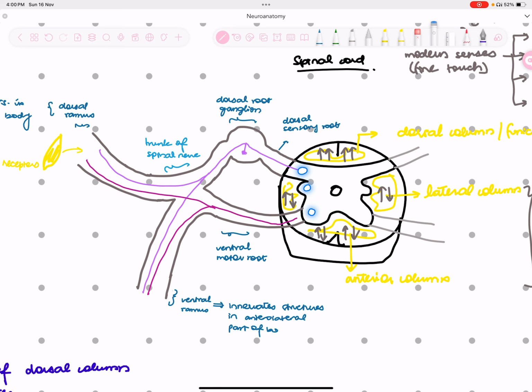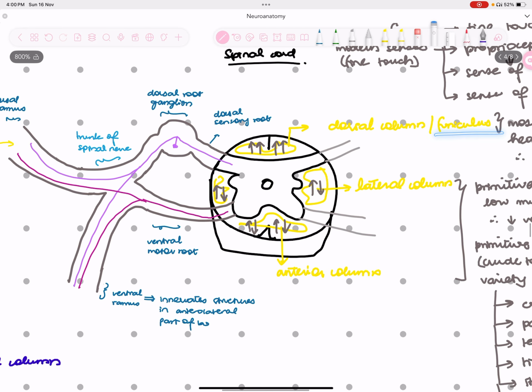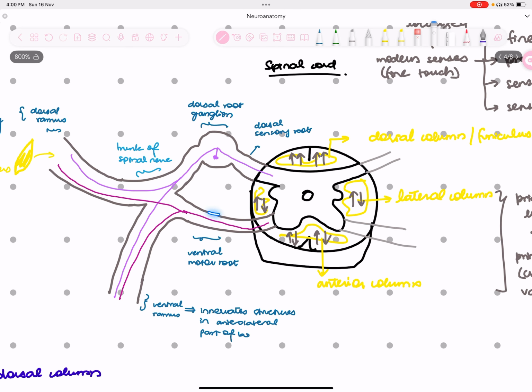The word horn is used for gray matter. For white matter, you use the word columns or funiculus. Similarly, you have an anterior white column, a lateral white column, and a dorsal or posterior white column, or funiculus.